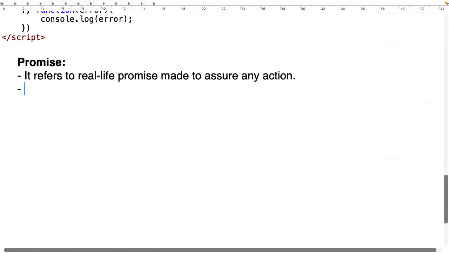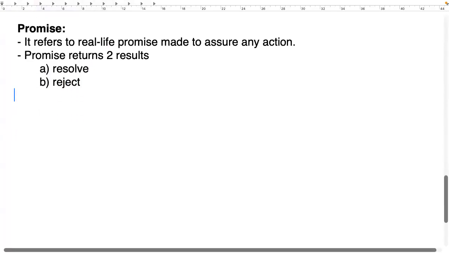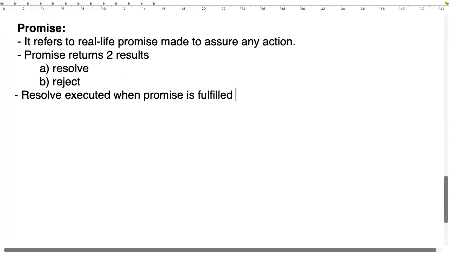A promise returns two results. One is resolve, another one is reject. So resolve executes when the promise is fulfilled.